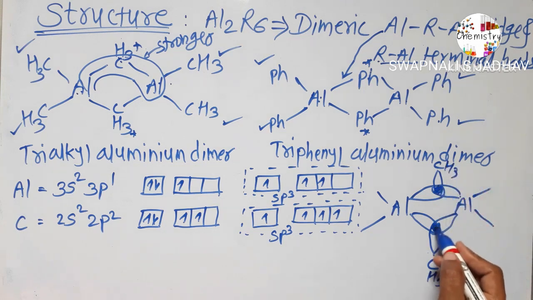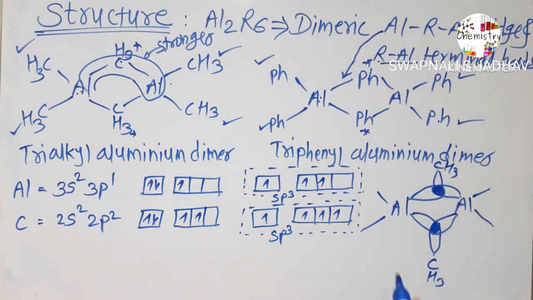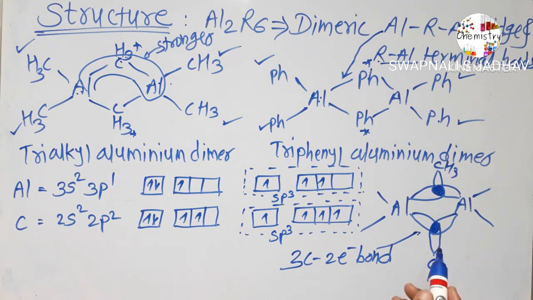This bond is formed containing 2 electrons, so it is known as the 3-centered 2-electron bond. Thus it contains only 2 electrons, and it is also an electron deficient molecule. And this is the structure of Al2R6.